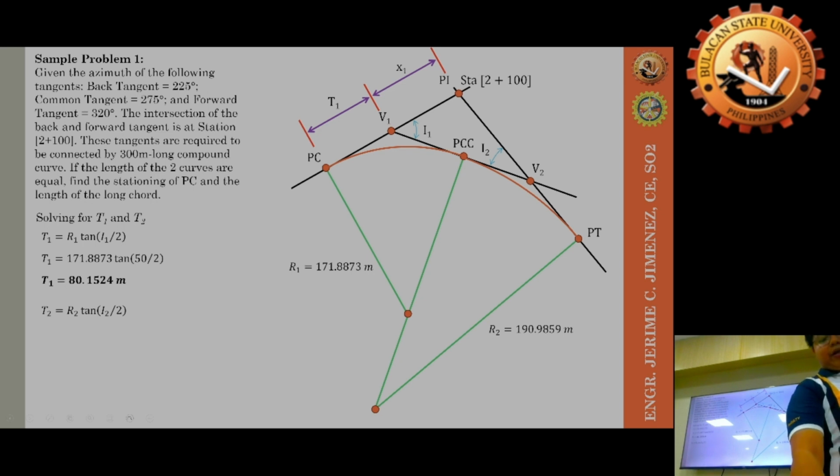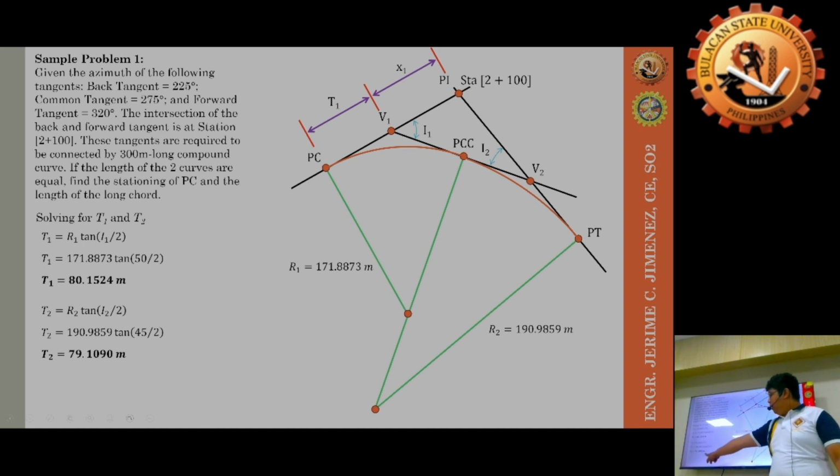Substituting the values of radius and the central angle, what is tangent distance 2? 79, sure? 79.1090 meters. So that is our T sub 2. Kompleto na tayo. May T sub 1, may T sub 2.